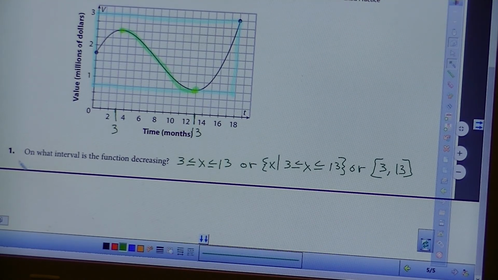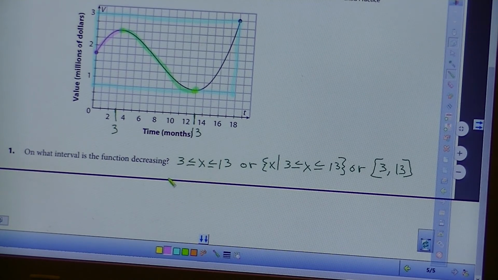Now the next number, part 2 of this question, is asking where it is increasing. So I'm going to give you some hints, but you're going to have to finish it up for yourself. So where is it increasing? Well, it's increasing from this number to this number. So you would need to write something that looks like one of these 3 right here.